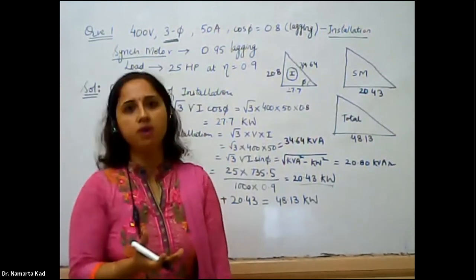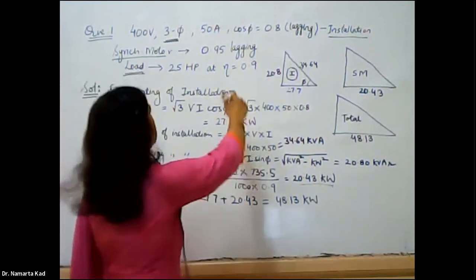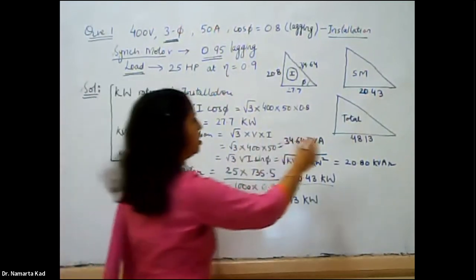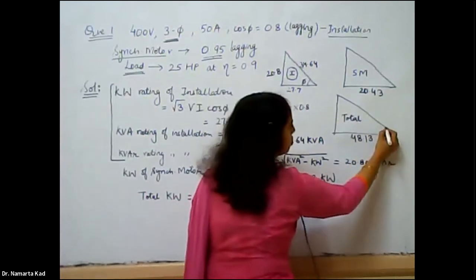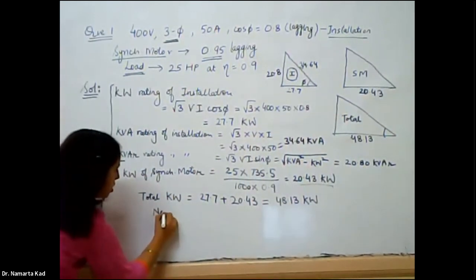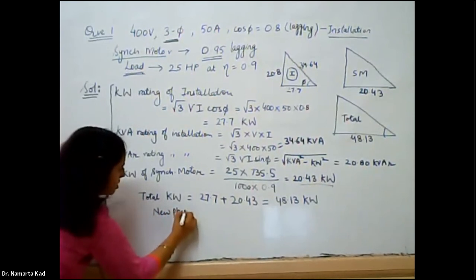Okay, now next step is the overall power factor, and we know that the synchronous motor has to improve the power factor up to 0.95 level. It is given in the question. So for the total installation, firstly calculate the phi, that is the new phase angle.